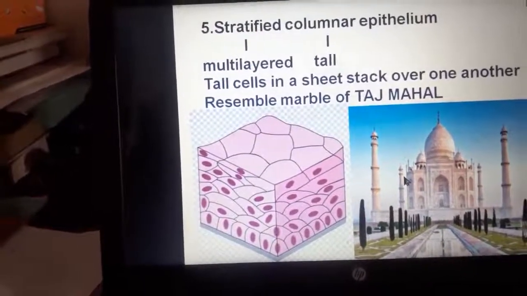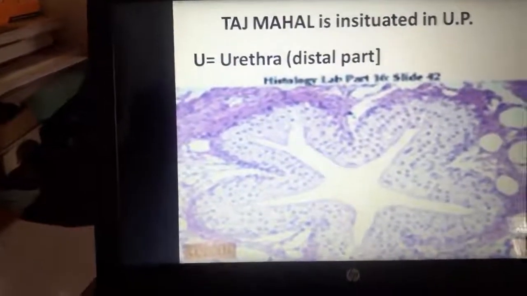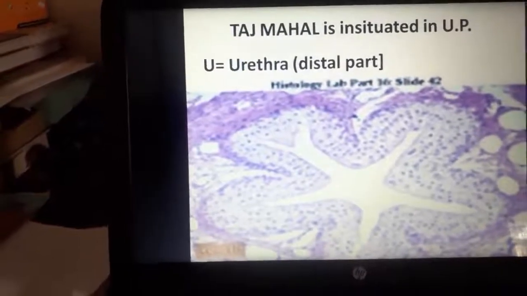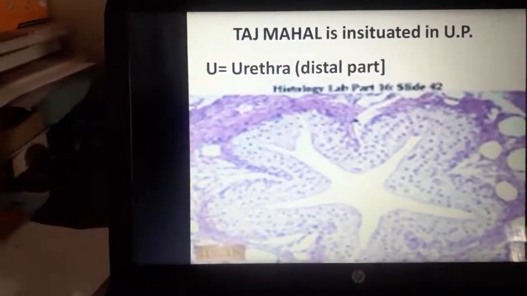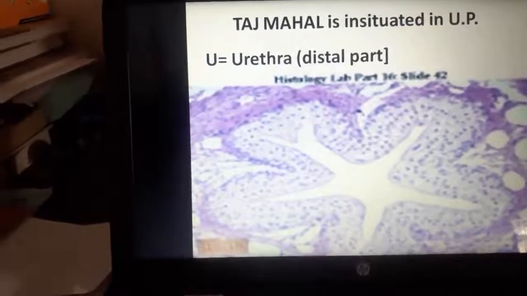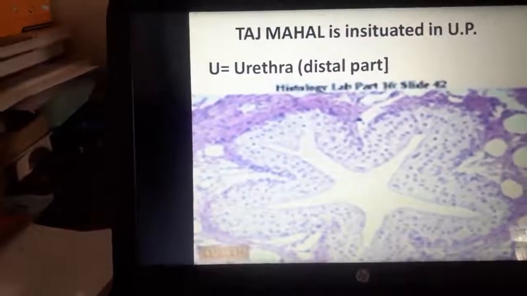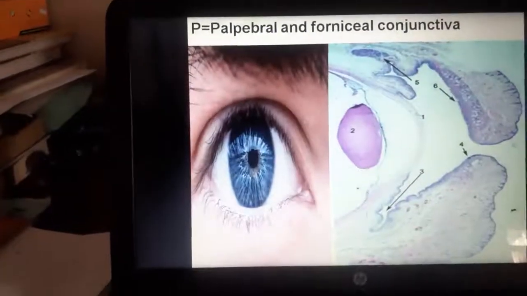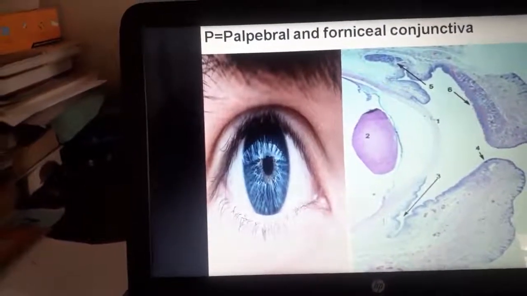So Taj Mahal, and Taj Mahal lies in UP, situated in Uttar Pradesh. So U, that is the hint, UP. U for urethra, and U for urethra, only distal part. And P for palpebral and fornical conjunctiva.